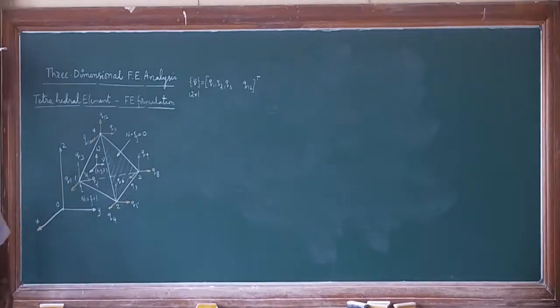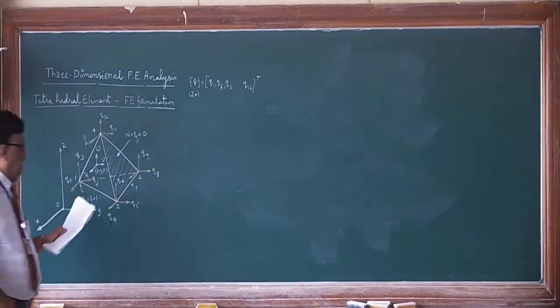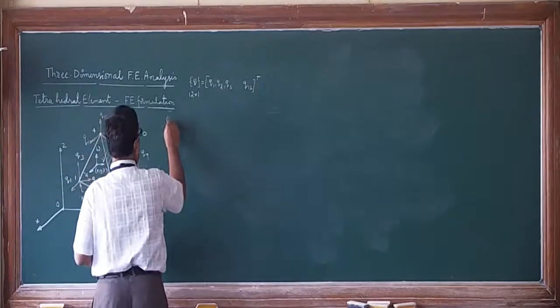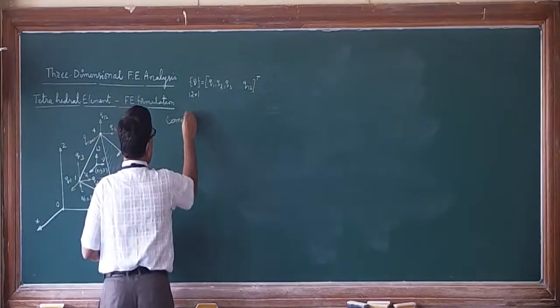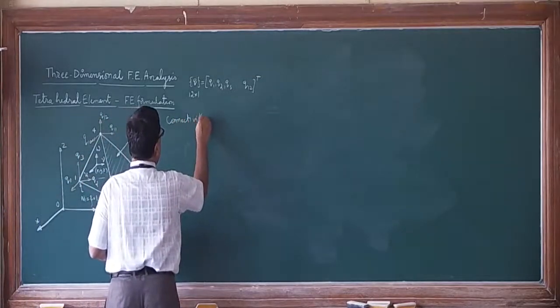So naturally, when we have 4 nodes, we need to define the 4 shape functions. Therefore we define them in terms of the number of elements and the number of nodes. Let us write the connectivity table for this.